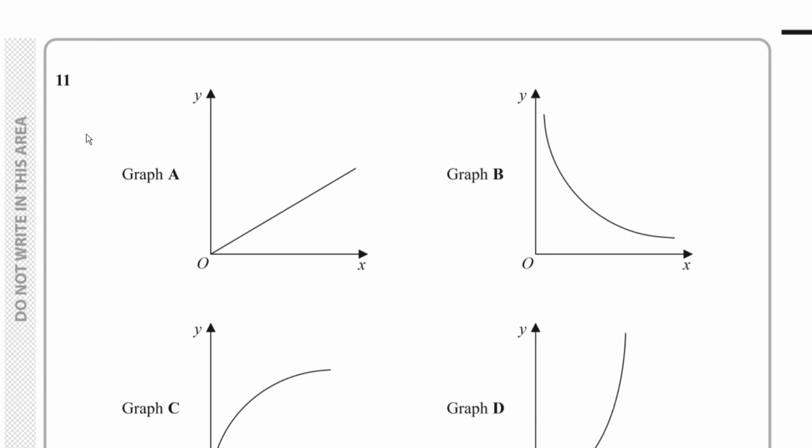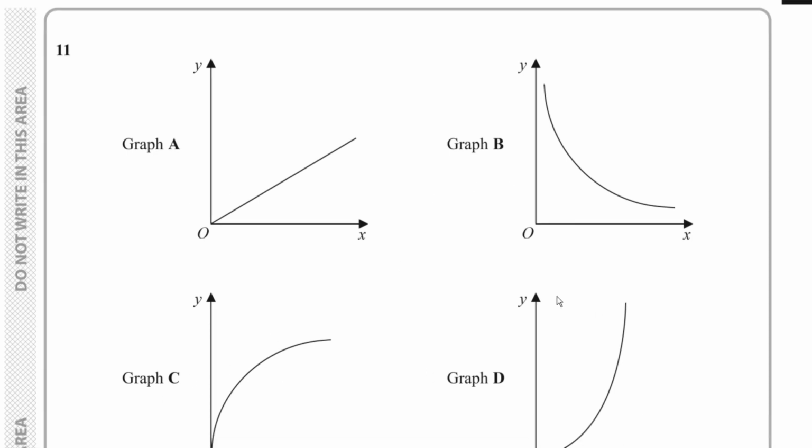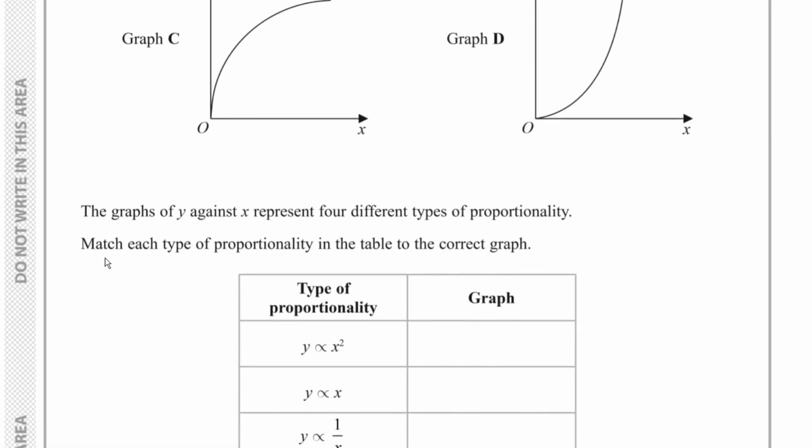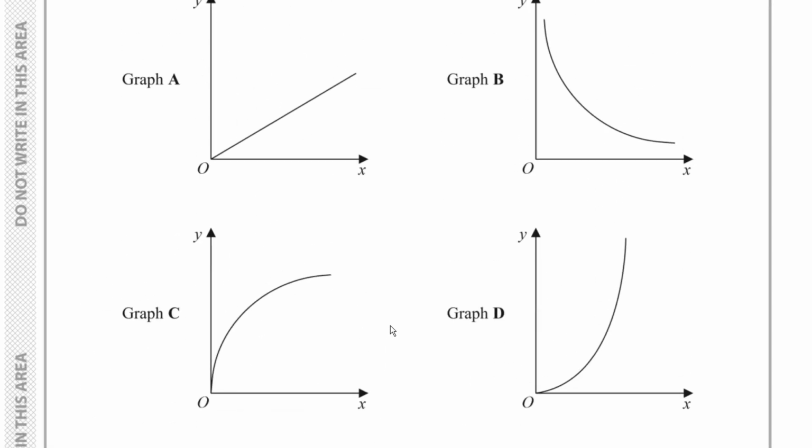Question number 11. We've got graph A, graph B, graph C and graph D. The graphs of y against x represent 4 different types of proportionality. We have to match each type of proportionality in the table to the correct graph. Now, y being proportional to x squared, we're looking for something that looks like a quadratic.